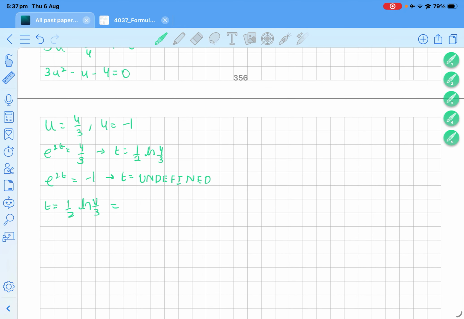We can calculate this: half ln 4 over 3 is 0.144 seconds, to 3 significant figures. That's the answer.